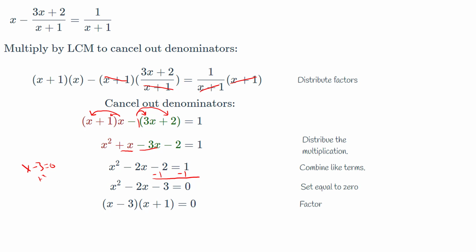So we're going to add 3 to both sides, and those go away, so we got x equals 3. And same thing over here when you have x plus 1 equals 0. So we'll subtract 1 from both sides, and we should have x equals negative 1. So our values for this one are a positive 3 and a negative 1. Or as it says there, you can just switch the signs, as we talked about.